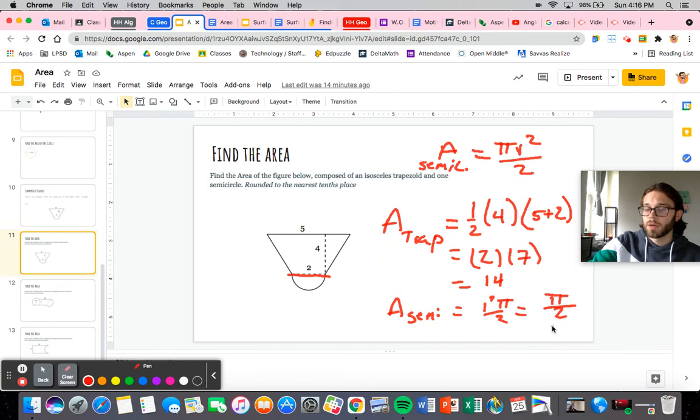All right, so it wants the whole thing. I have to add it together. So the area is equal to 14 plus pi over 2. It wants me to round that to the tenths place.